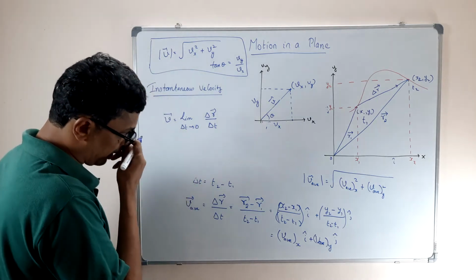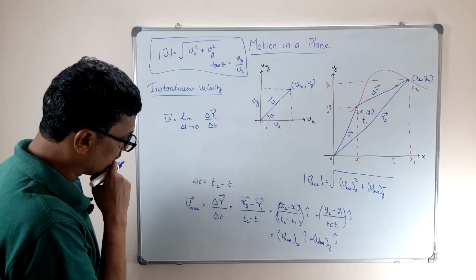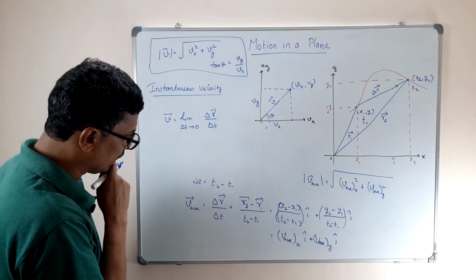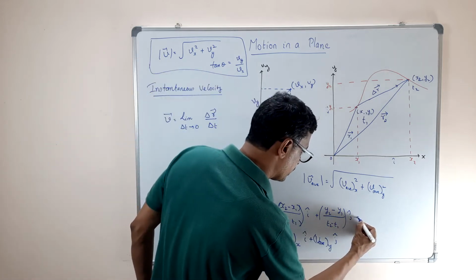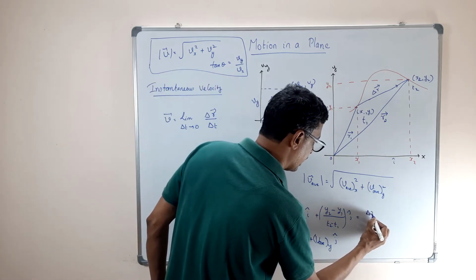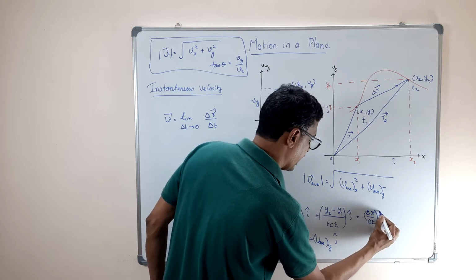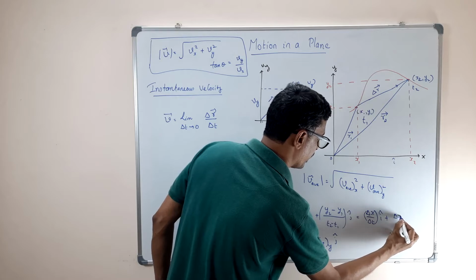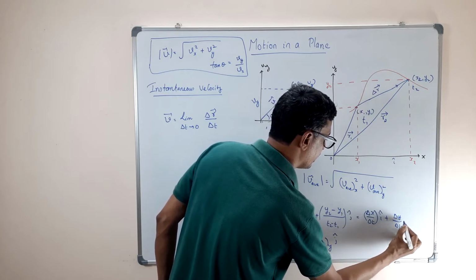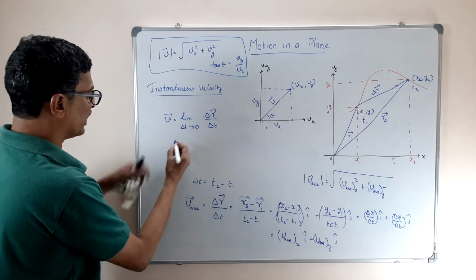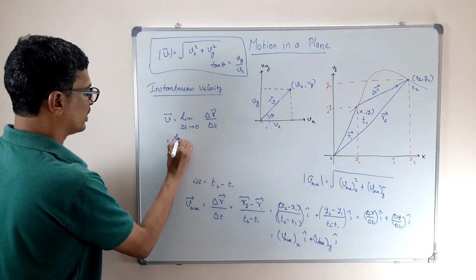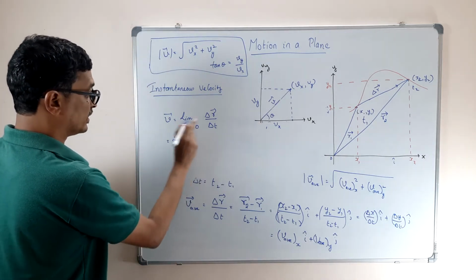Okay. Now you can see, actually we can write this as delta x by delta t times i cap plus delta y by delta t of j cap. Am I right? So then if I write like this, this is a vector.